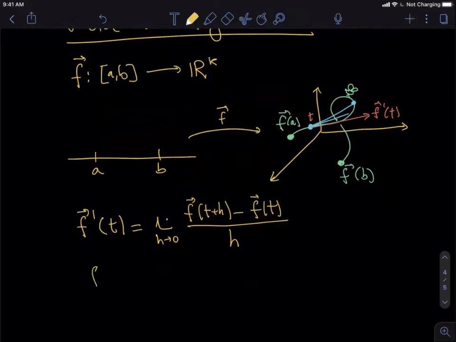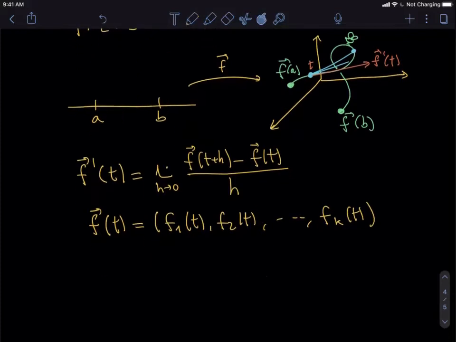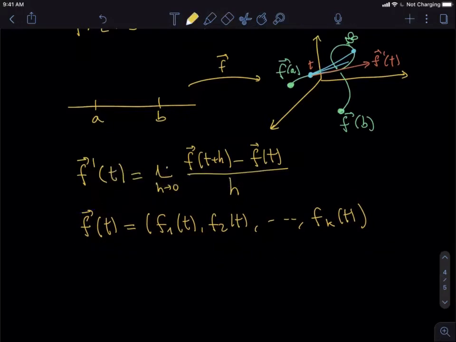The way the functions are defined, right? Because f(t) is given by the coordinate functions, which are just real functions that tell you what is the j coordinate at a given time. Okay, once you see it like this, I think it's clear by the properties of subtraction of vectors and then the division by a number.